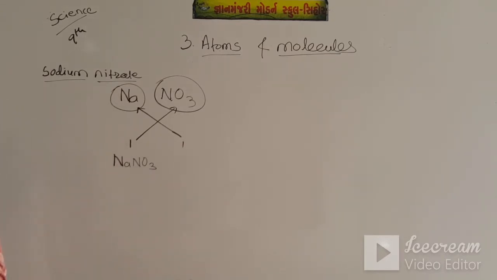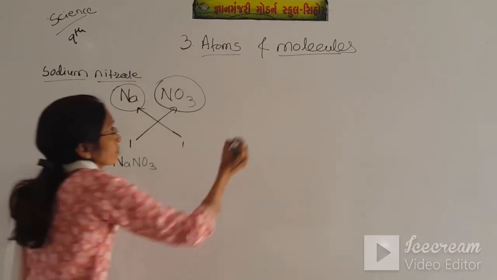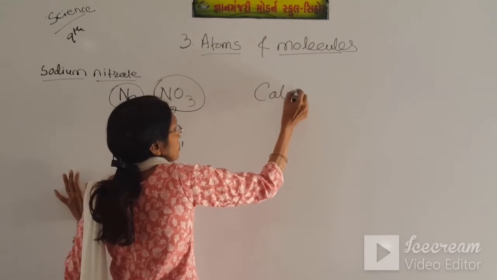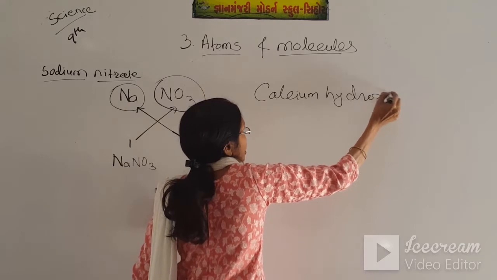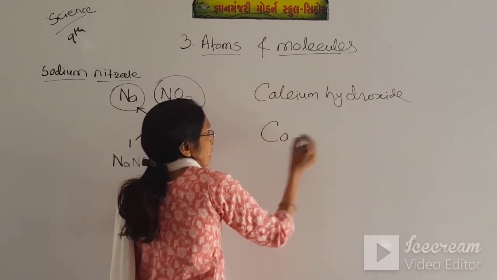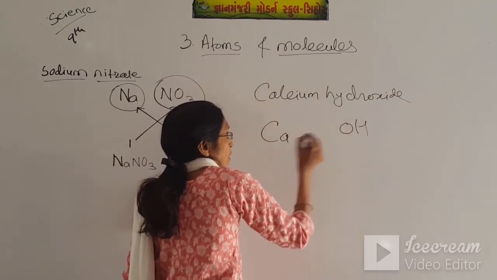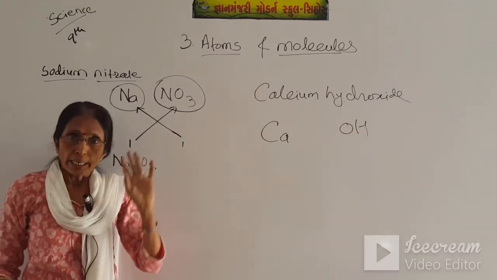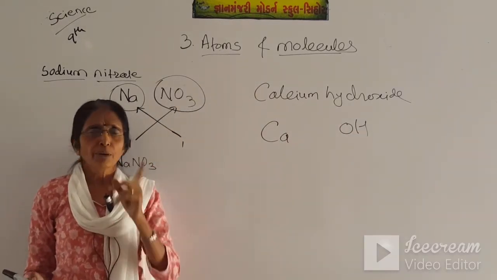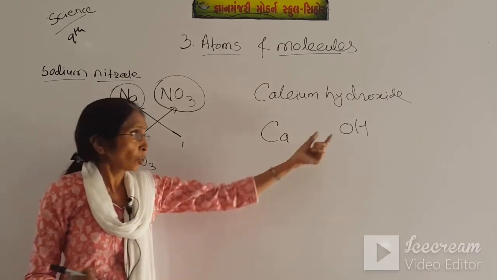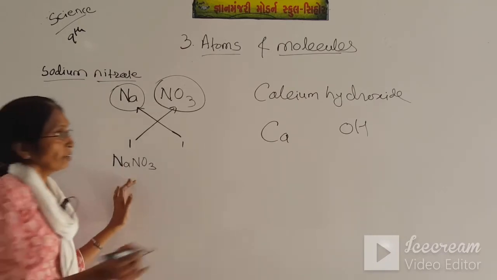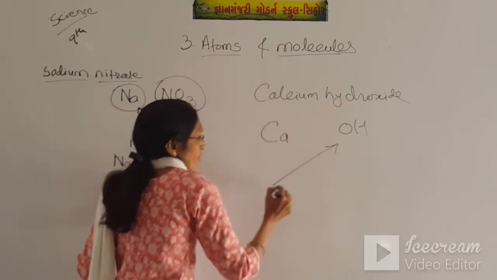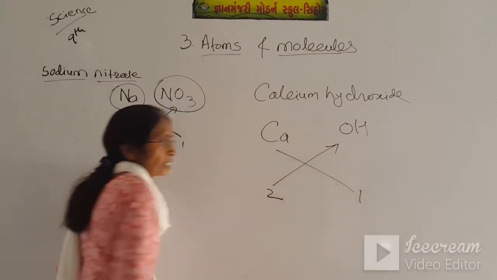One more example, students, it is also given in your textbook: calcium hydroxide. Calcium is just one element and hydroxide is a group. Here two atoms combine to form one OH, but it is a group and it is just one unit. How do they react with each other? Now here the valency is 2 and here the valency is 1.